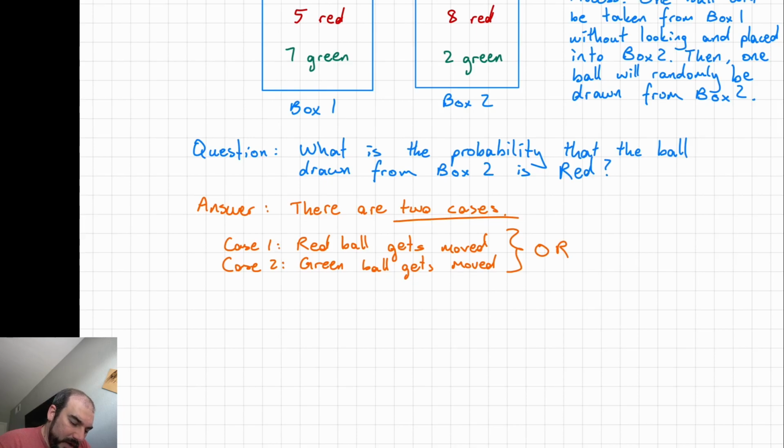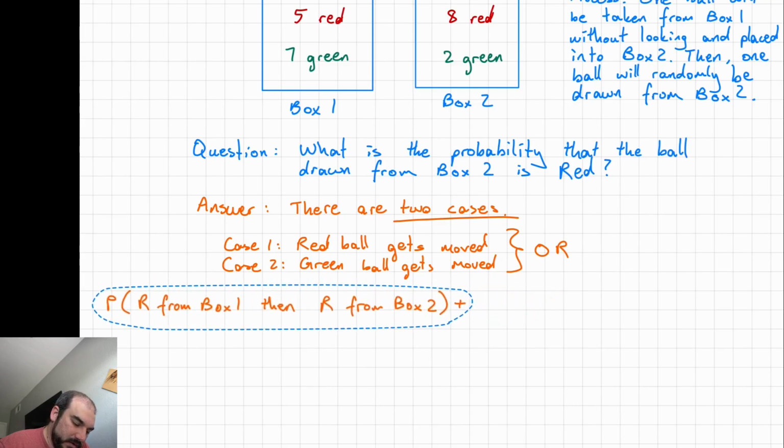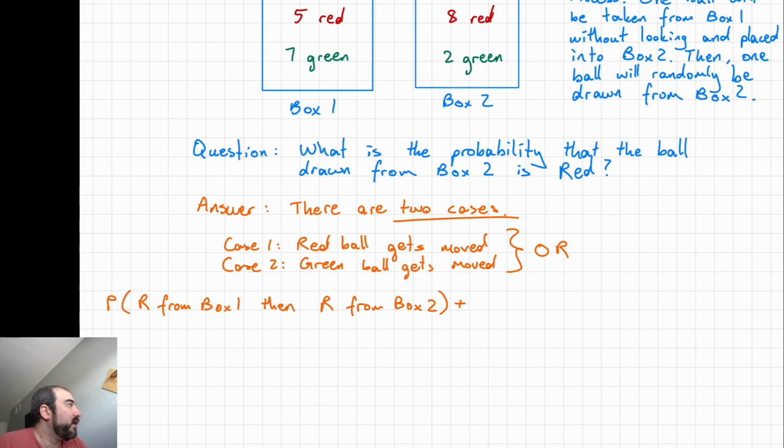So as far as the probabilities go, we'll write it as probability that a red gets drawn from box 1, then red from box 2, plus, so that's the first case, red from box 1 gets moved to box 2, and then a red is drawn from box 2, or green gets moved from box 1, then a red gets drawn from box 2.